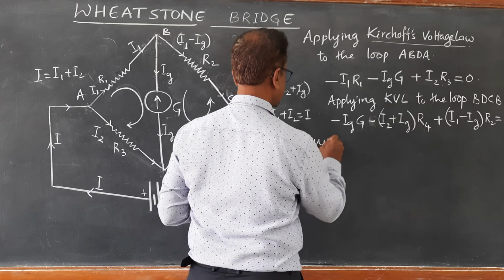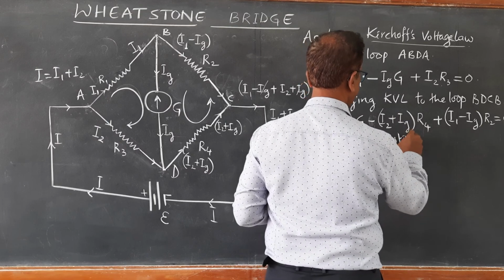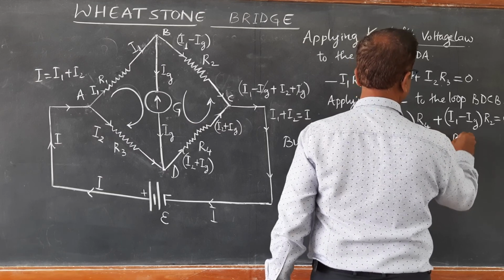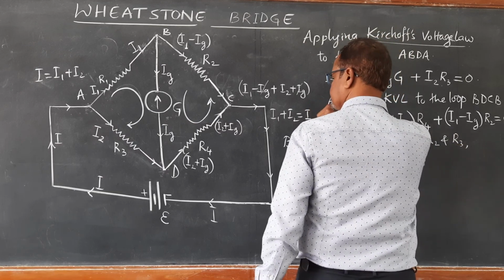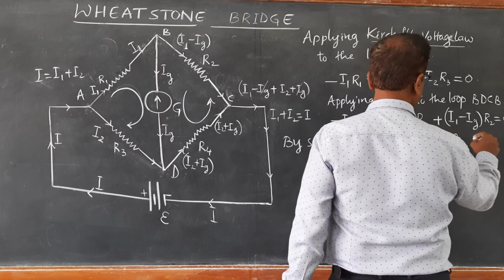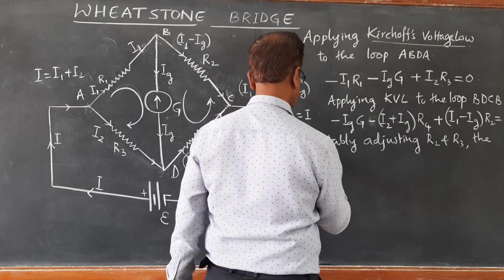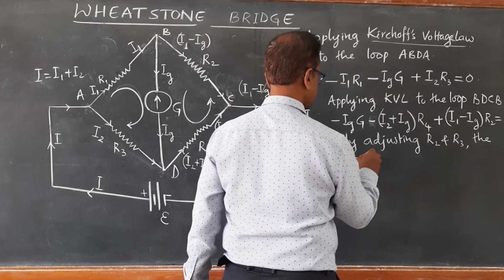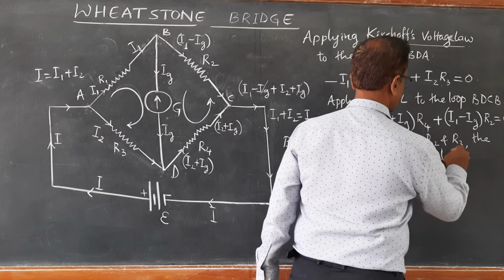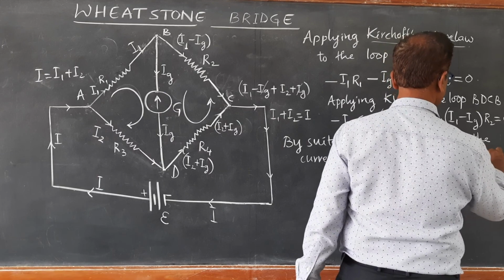By suitably adjusting R2 and R3, the current in the galvanometer IG is made equal to 0.